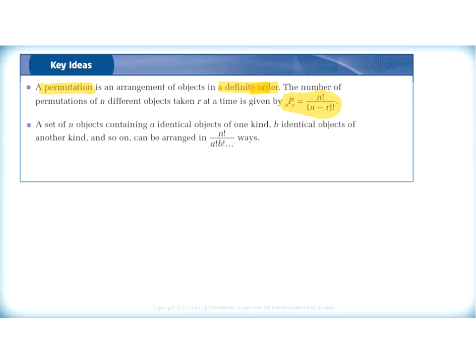So in the first instance here, we have no repetition. So this first formula will be a situation that involves permutations without repetition. In the second case, we do have identical objects of another kind. So this formula here is what you would use when you do have repetition.